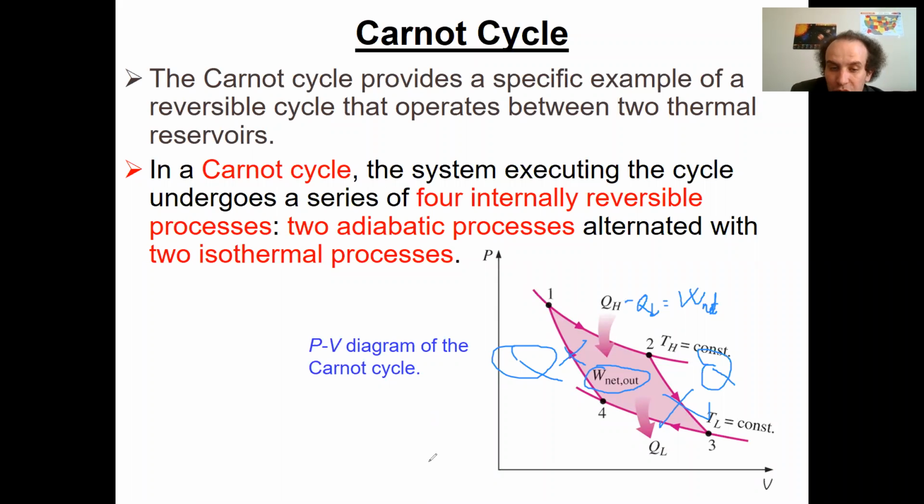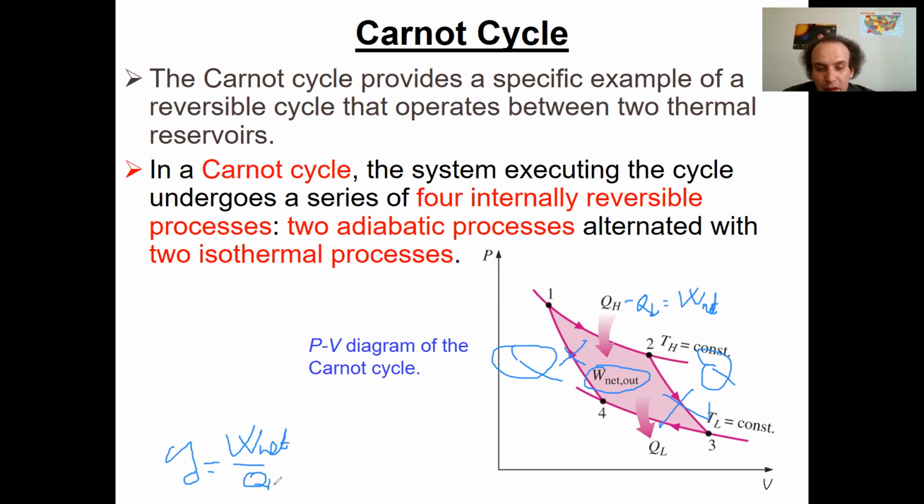And what will be the efficiency of the cycle? Your efficiency will be what is desired, like for any heat engine, over what is required, correct? Desired is the work output, so it will be this work over the cycle, net work. What is required is QH, Q in.